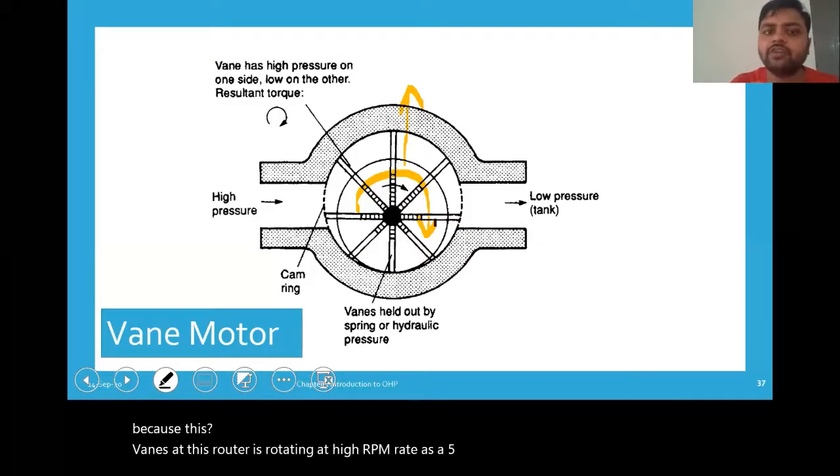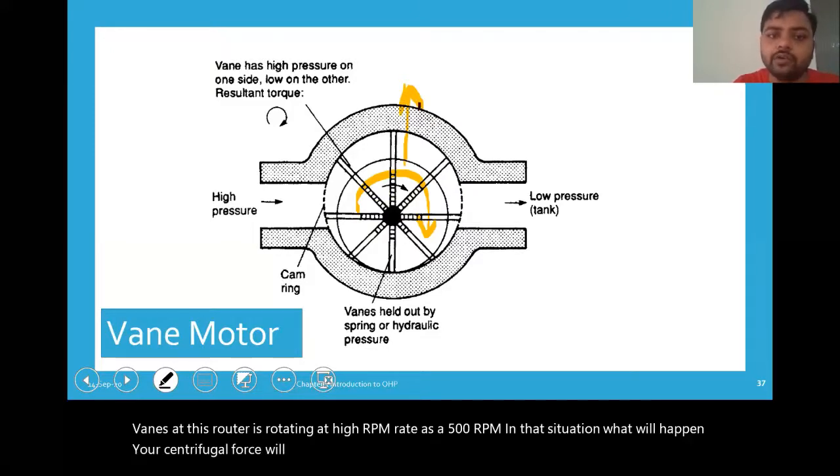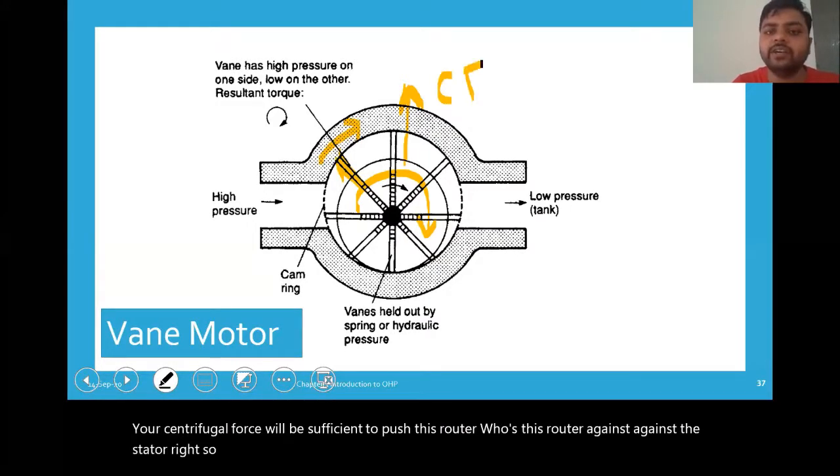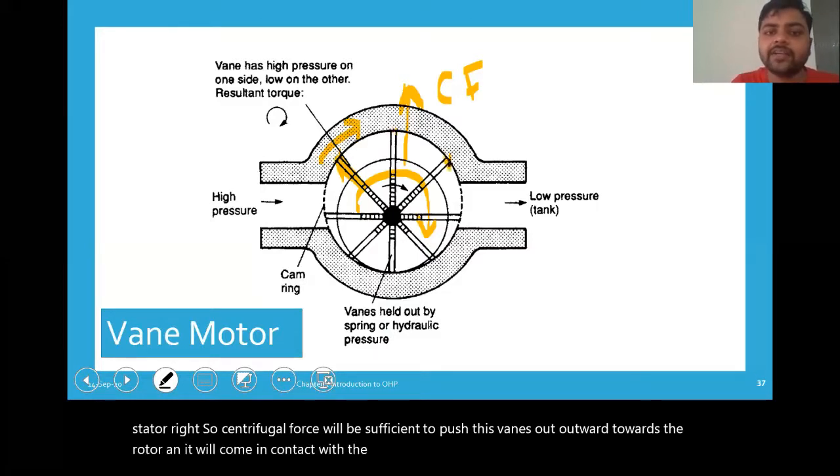In that situation, the centrifugal force will be sufficient to push these vanes outward against the stator, and they will come in contact with the stator. The higher the pressure, the lesser will be the air leakage.